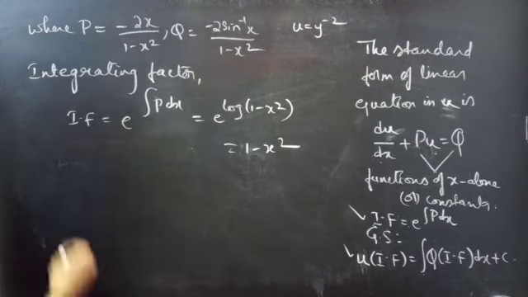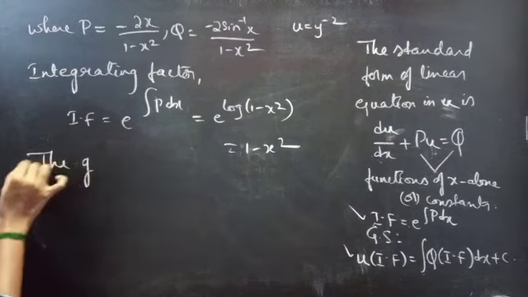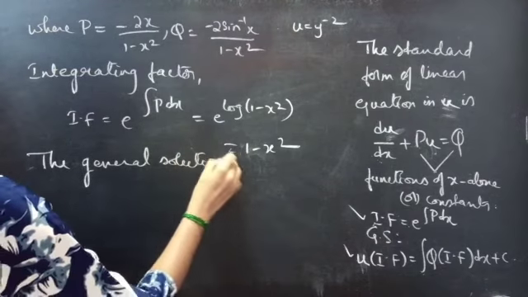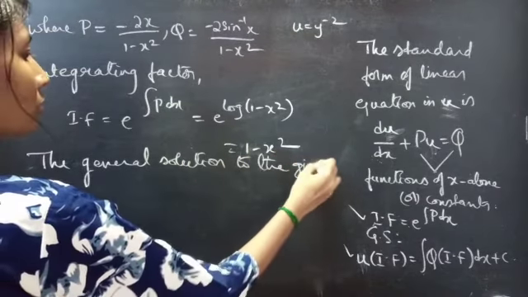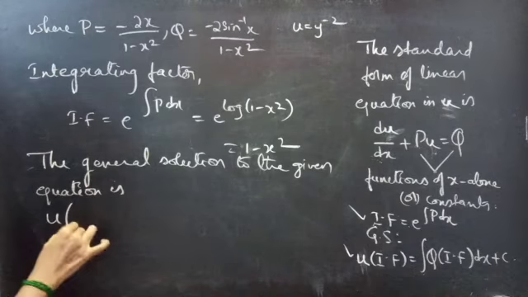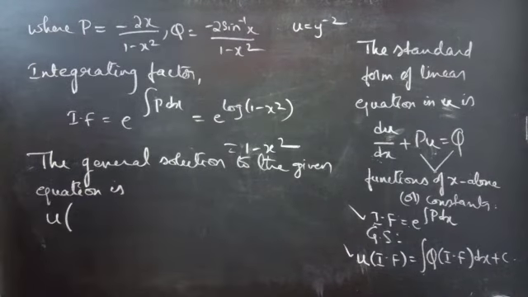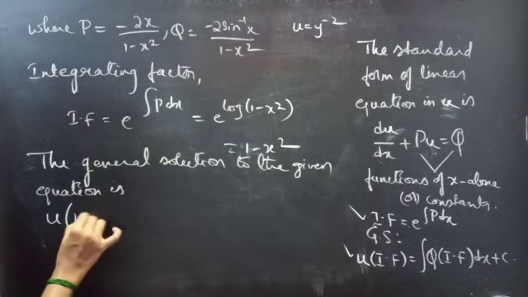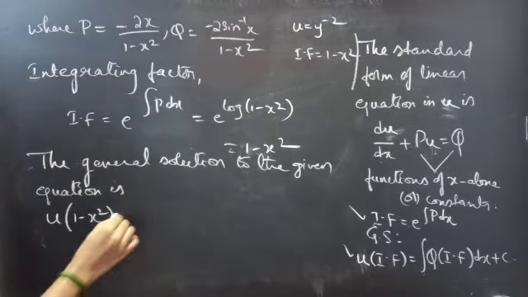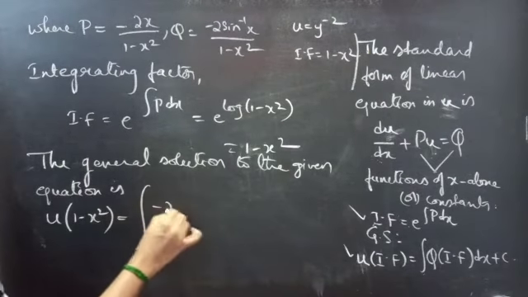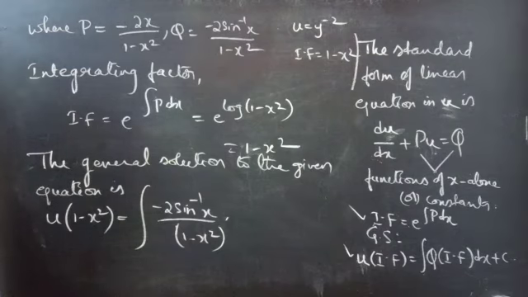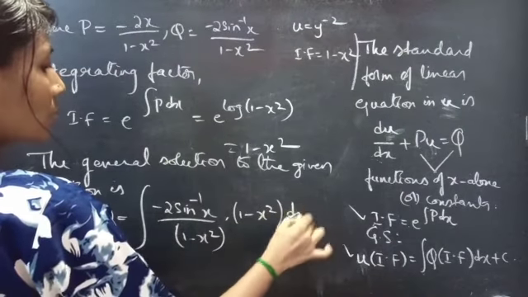Now coming to the general solution. The general solution to the given equation is given by u into the integrating factor 1 minus x square equals integral Q, for Q equals minus 2 sine inverse x by 1 minus x square, into the integrating factor 1 minus x square, into dx plus c.